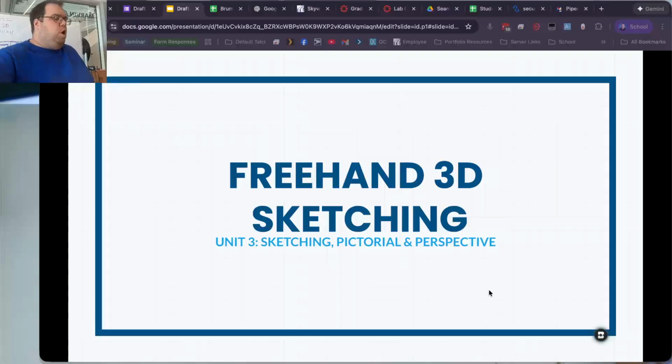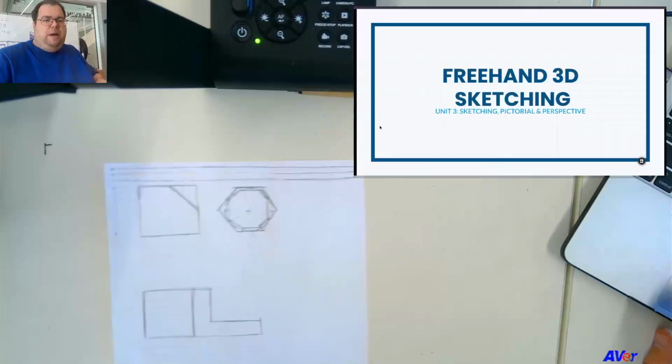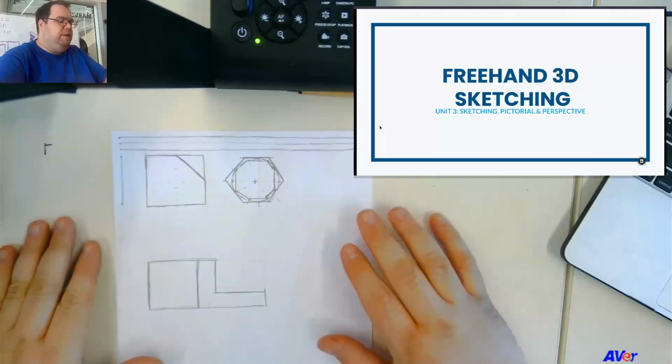Alright, so like I said, last time we worked on two-dimensional freehand sketching. You don't have to get it out, but just as a reminder, this is the paper that we worked with last time, or at least very close to it.